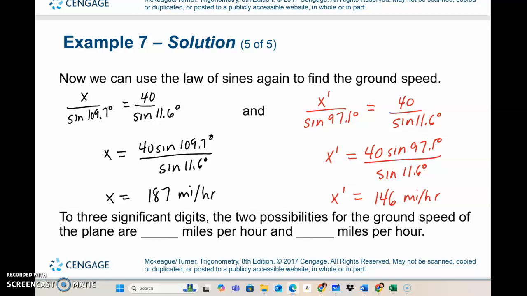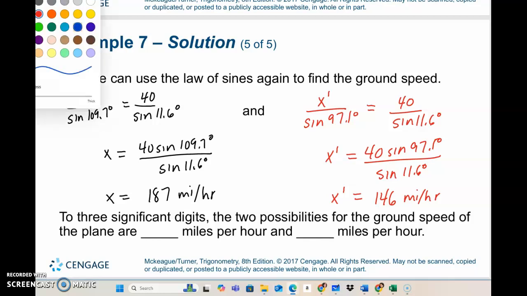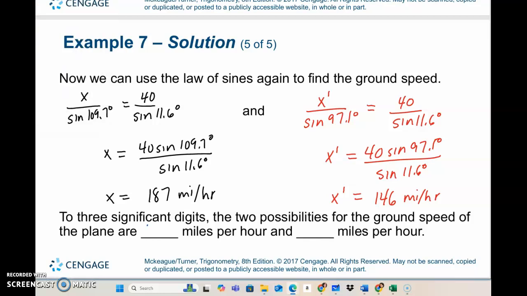And so let's fill in the blank here. There's a possibility that the ground speed of the plane is 187 miles per hour and 146 miles per hour. And that's how you would do this type of question. So this is an application example using the ambiguous case and vectors.